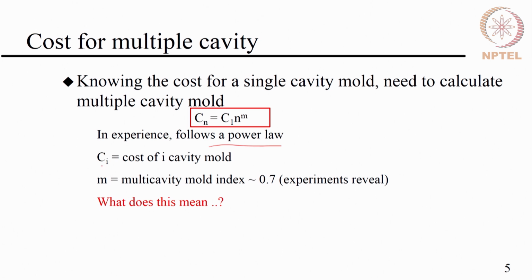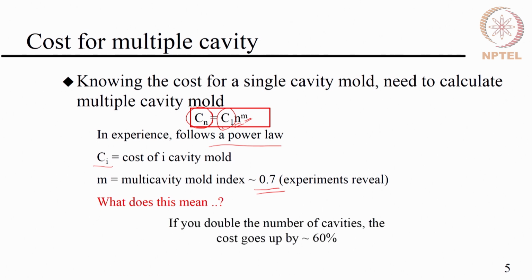So, if the cost of a single cavity mold is C1, then the cost associated with an n-cavity mold can be given from the single cavity mold cost, based on the number of cavities raised to the power of the mold cavity index, which is typically 0.7 based on some experimental data.